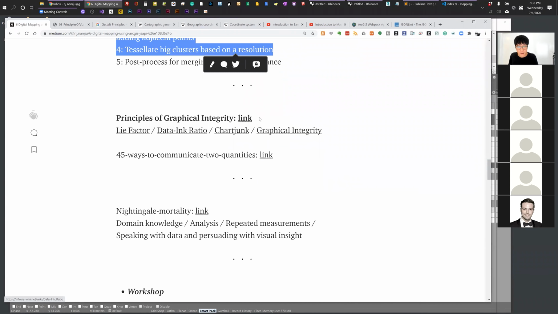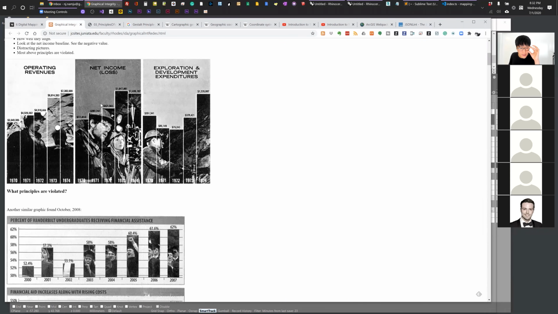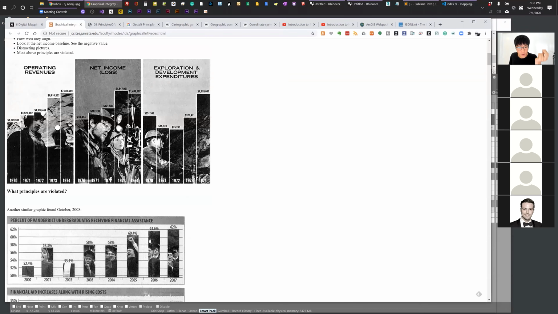Here is another concept, a principle of graphical integrity. I think this kind of keyword and example is inside our brain, actually. How do we deal with the bar chart, for example? Can you see this? The numbers are actually different, but graphically they look similar.